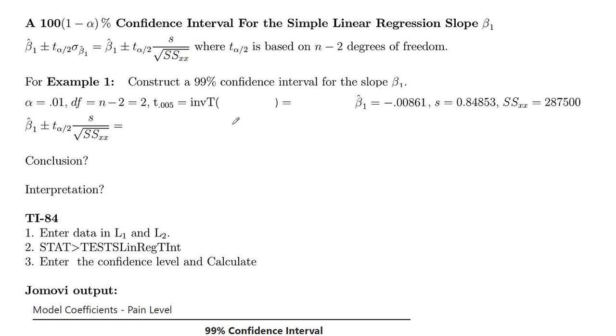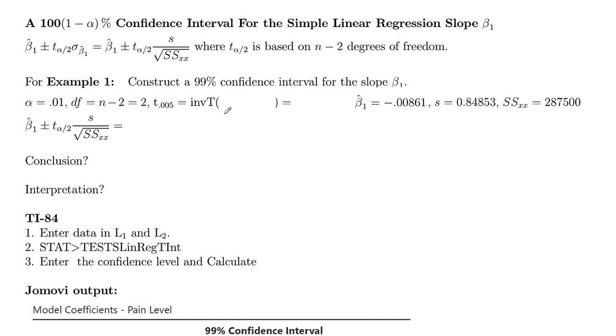So for our example, we want to construct a 99% confidence interval for the slope beta 1. So alpha then is 0.01. Our degrees of freedom will be 4 minus 2, which is 2. For 99%, alpha over 2 is 0.005.